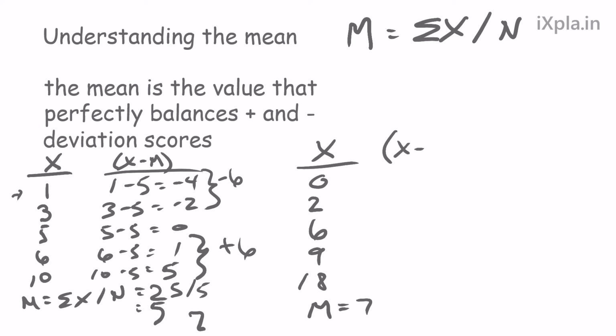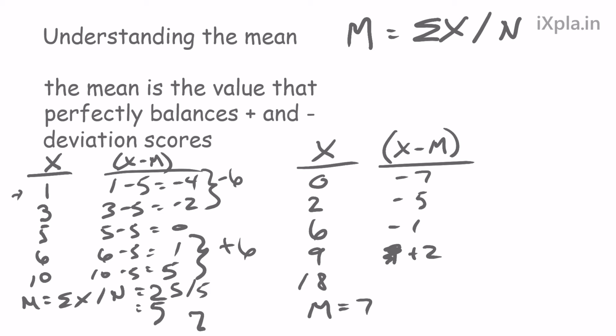So x minus the mean gives us our deviation score. Well, 0 is -7 away from the mean of 7. 2 is -5 away from the mean of 7. 6 is -1 away from the mean of 7. 9 is +2 away from 7.